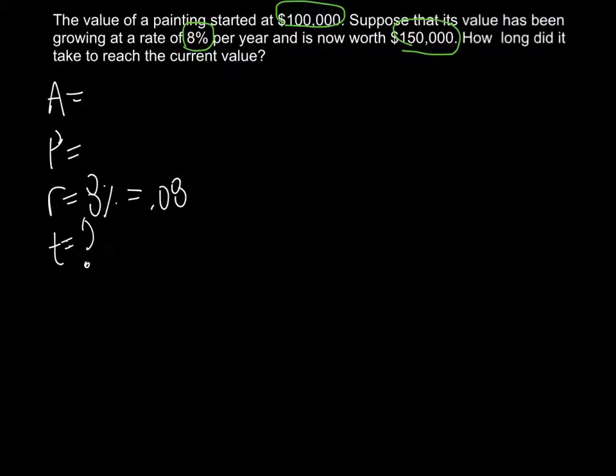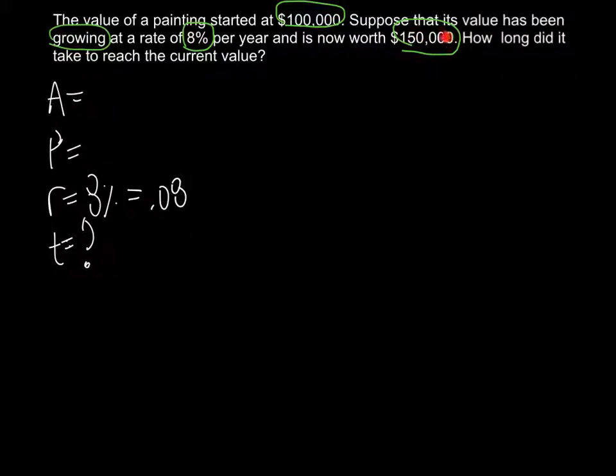I'm also looking for a keyword in there that's going to tell me, is it increasing or decreasing? If you find the word growing, that lets me know that I'm increasing in value. So out of these two numbers, 100,000 and 150,000, if you're growing, then you had to start at 100,000 because it's going to go up.